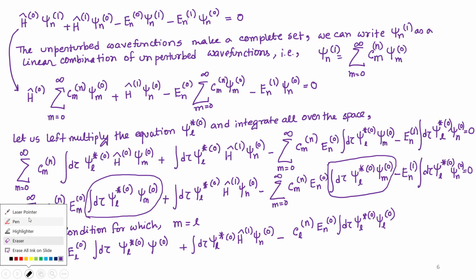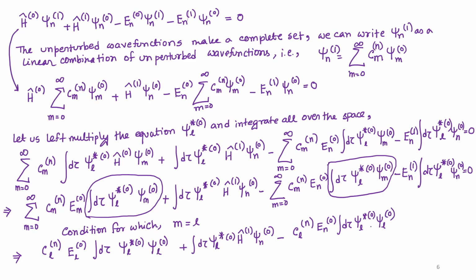I should have written L, because only these terms are valid, and obviously this will also remain as it is. So for this step, by taking m equals l, this term is going to survive, and all the other terms are vanished.